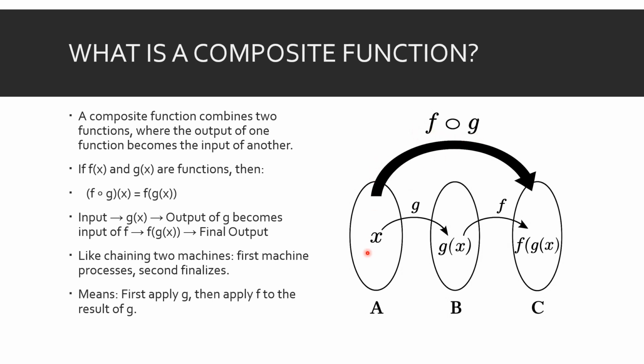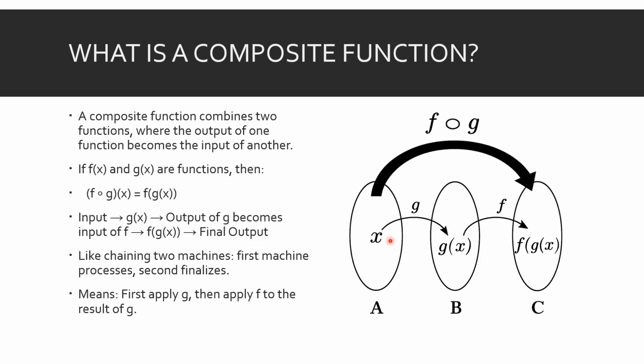For a composite relation, the input goes into g of x. The g of x will process the input, then it will come out with an output of g. The output of g also becomes the input of f, and the f function will process everything for us to get the final output.